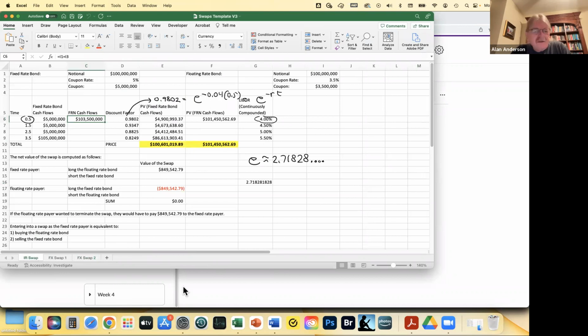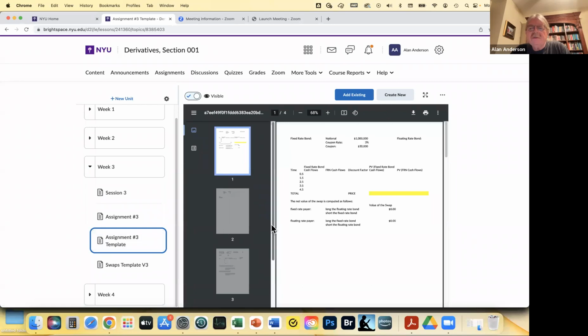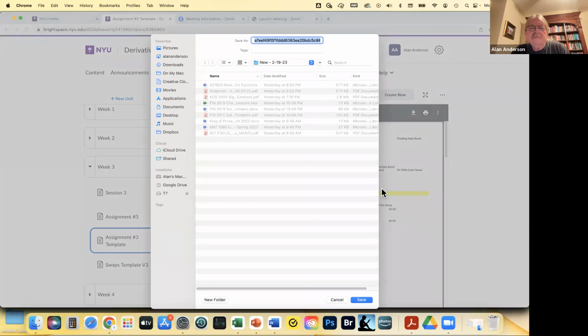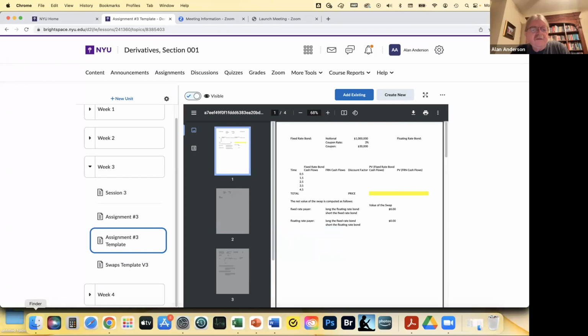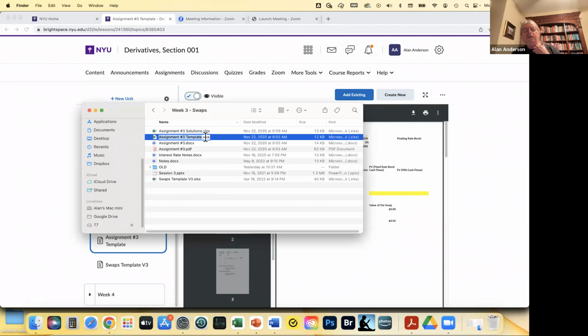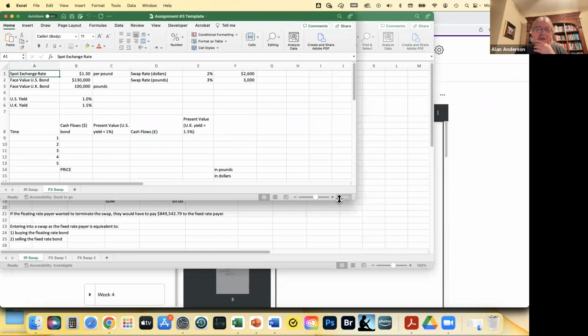And then once that's done, for the assignment there's a template, which is very similar to this one. Actually, I'll need to download this. Or not. I'll tell you what, let me just get it off of my hard drive. So the assignment template looks very much like this one.